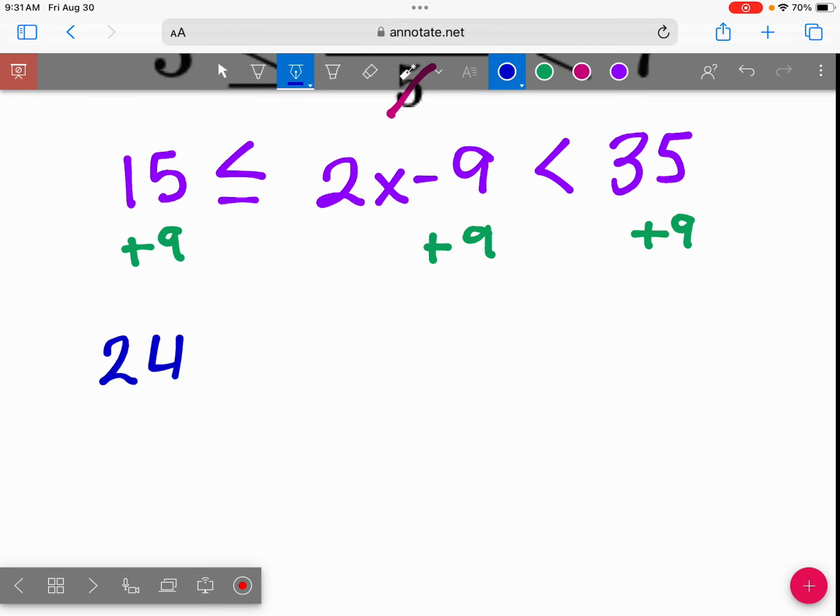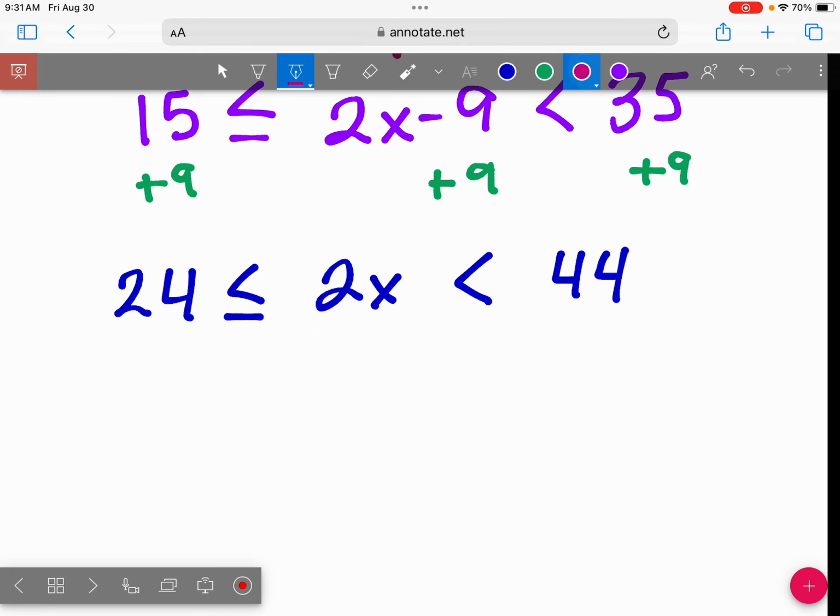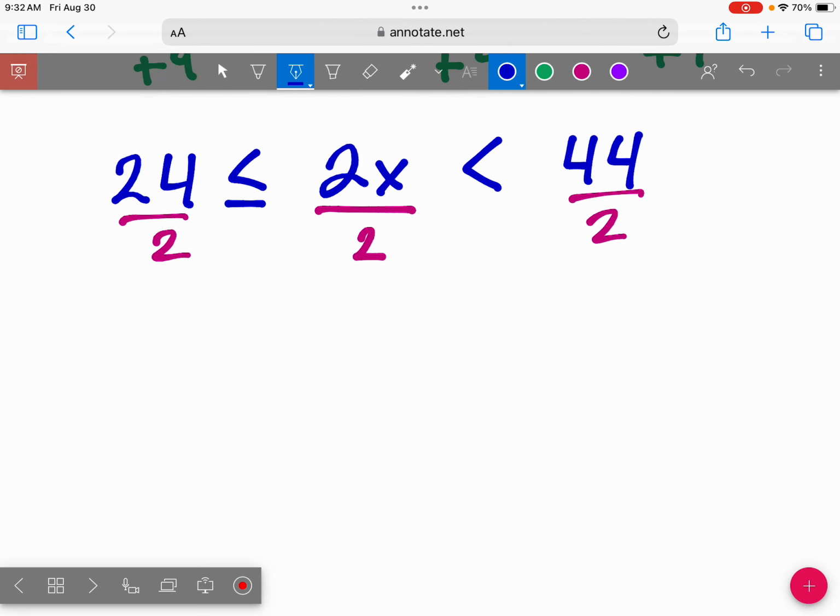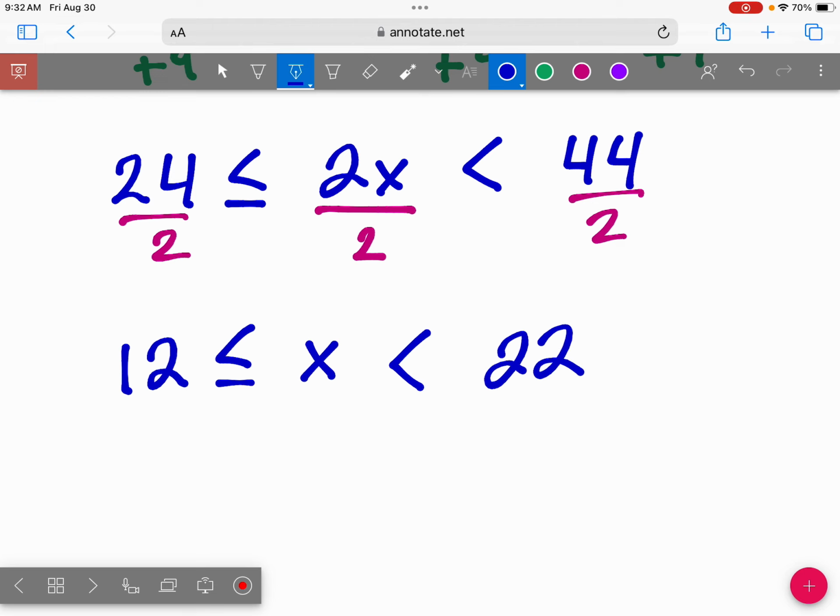We have 24 is less than or equal to 2x, which is less than 44. And we divide absolutely everybody by 2. So lovely, isn't it nice? We get whole numbers this time. So we have that 12 is less than or equal to x, which is less than 22.